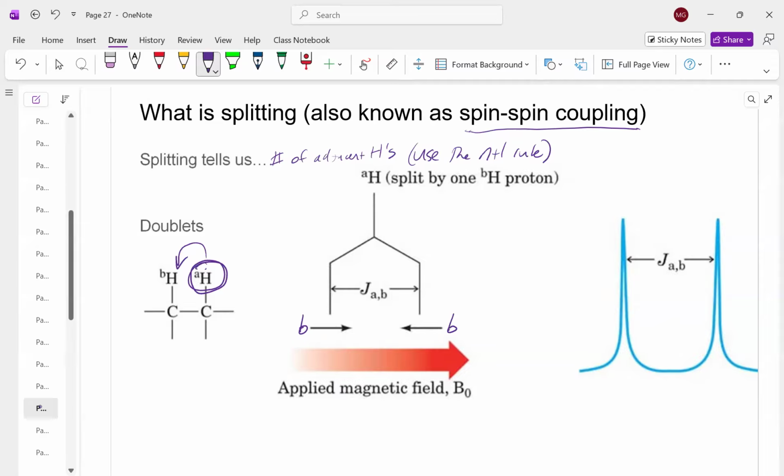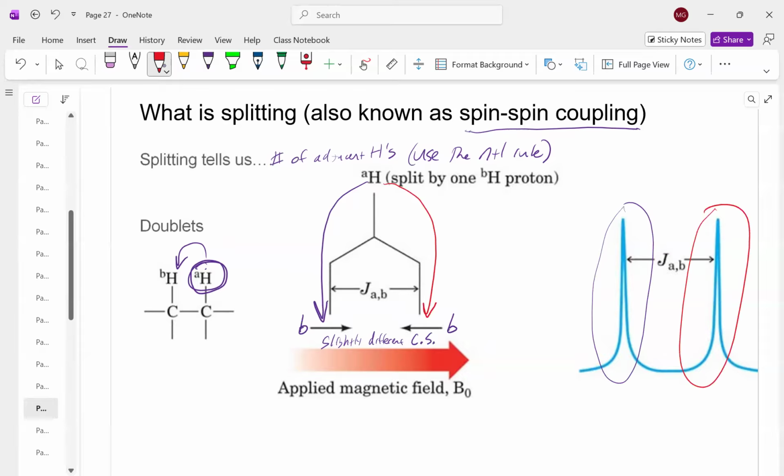And those two things have slightly different chemical shifts, very, very slight. And so if A interacts with this kind of B, we get one split. If A interacts with this other B, we get a different kind of split. But we treat it as one signal.